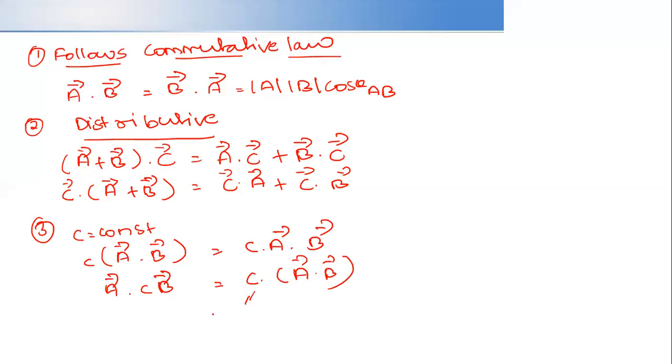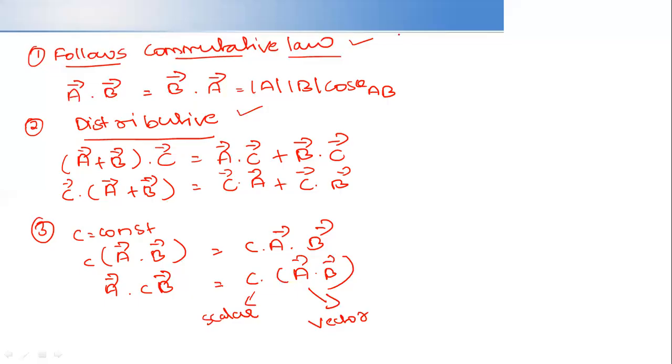This is a constant which is a scalar, and this is a constant which is a vector. So three laws: commutative law, distributive law, and multiplying with a constant.